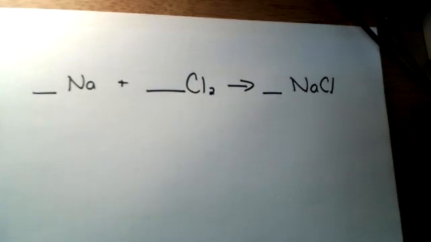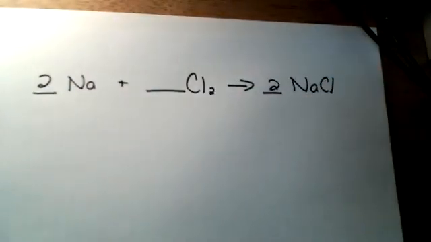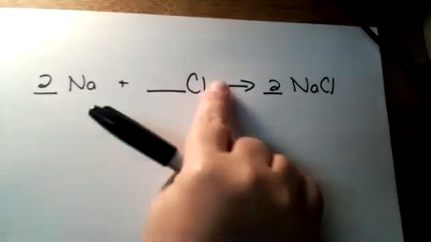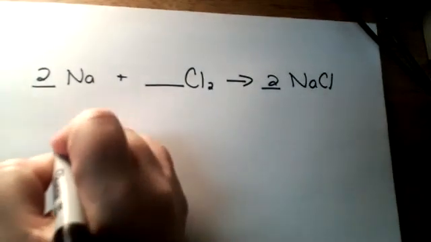2, 1, 2. All right, 2, 1, 2. And he's absolutely right. 2 sodiums, 2 sodiums, 2 chlorines, 2 chlorines, and now it is balanced. Okay. What about this one?